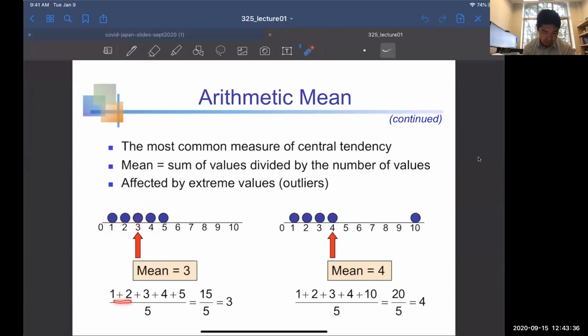You can confirm that the sum of 1, 2, 3, 4, 5 is 15, divided by 5 gives you 3. On the right side panel, you have 5 observations, but one of them is very high. Just having this very high observation gives you a substantially different arithmetic mean, because the outlier has an impact on the measure of central tendency.